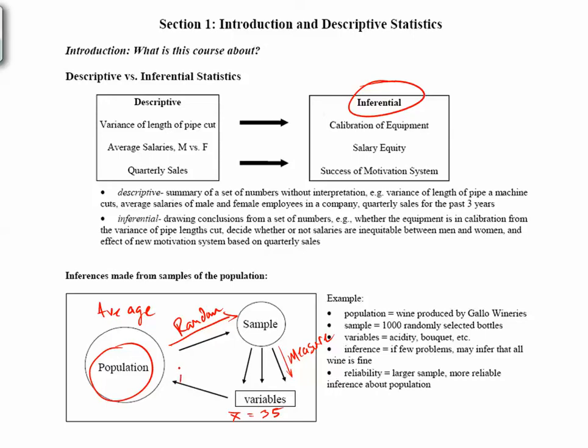And so we make an inference about the population. We would say, since the sample mean is 35, we would assume the population mean, and the population mean is given by the Greek symbol mu. We'll be discussing symbols and the way we describe data in a little bit more detail.